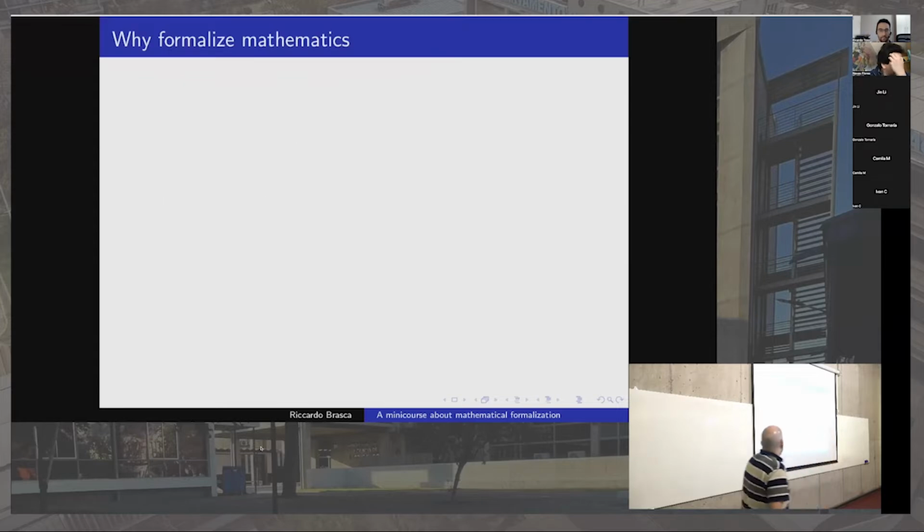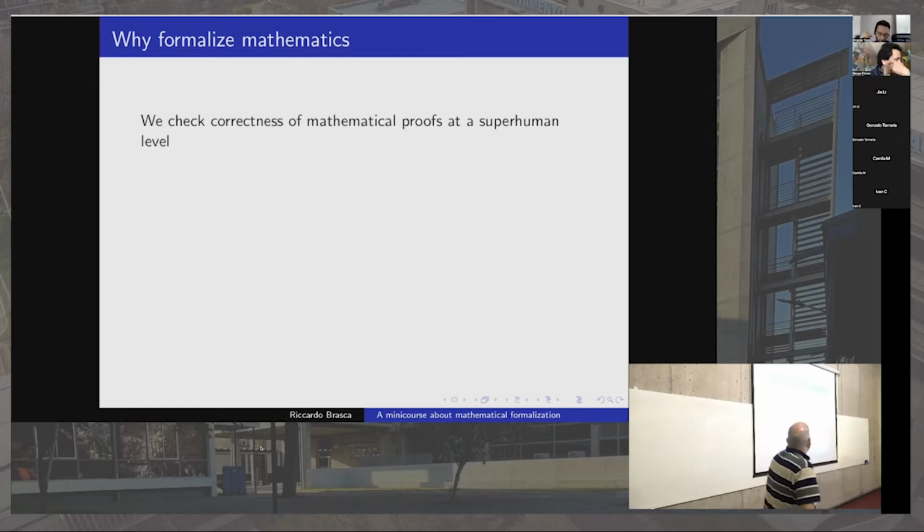Okay, so before starting to play with Lean, maybe you are asking, why should we be interested in this? Why formalize mathematics? One simple explanation is that we are checking correctness at a superhuman level. If the proof assistant says the proof is correct, it is extremely unlikely that there is a mistake.